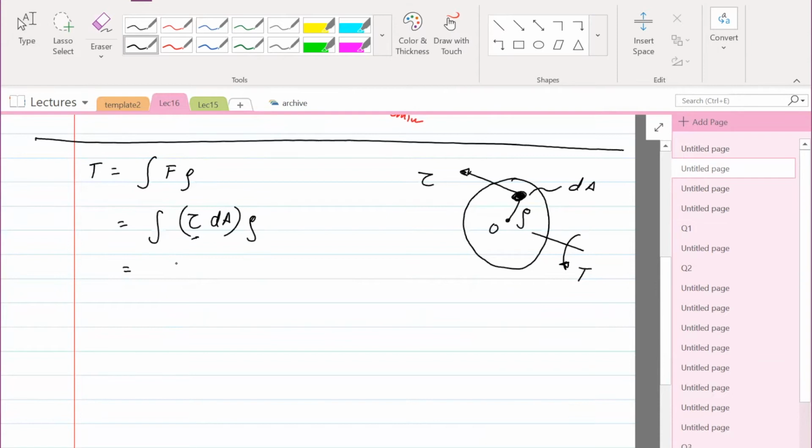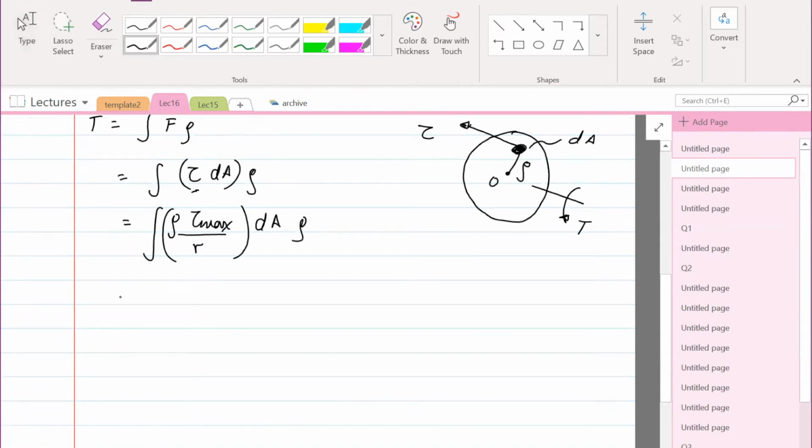So tau is rho times tau max divided by the radius, okay, times dA times rho. So I'm going to move tau max out because that's not dependent on any of the things here, so tau max divided by r times the integral of rho squared dA.